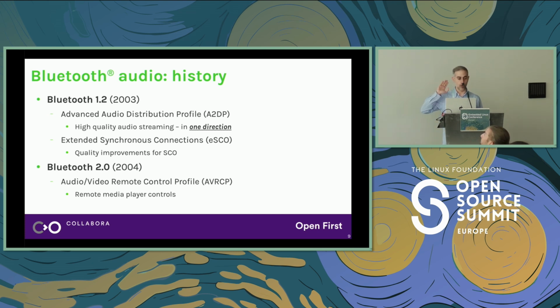So that was meant for sending something to speakers, but not receiving on the other side. And the same year we got improvements for SCO with the extended SCO, and just a year later in Bluetooth 2 we also got the Audio/Video Remote Control Profile, which allows doing media player controls like next, previous, or play, pause, and volume up, volume down, things like that.